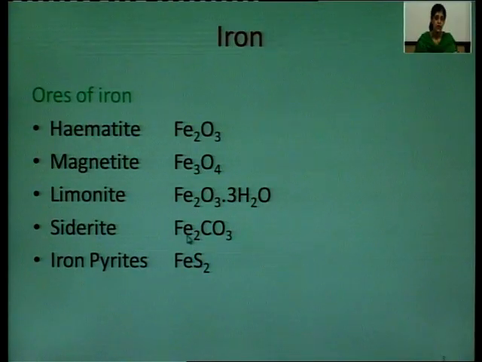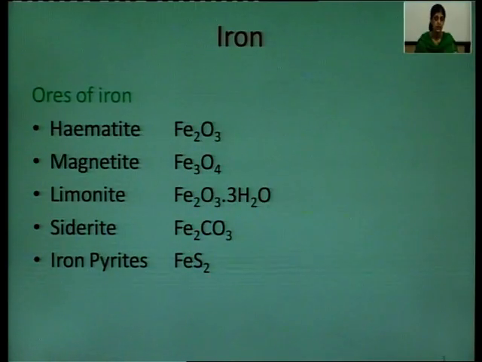It is Fe2CO3. Then we have iron pyrites, that is FeS2. So, these are the various ores of iron. Let us revise again: hematite, magnetite, limonite, siderite and iron pyrites.